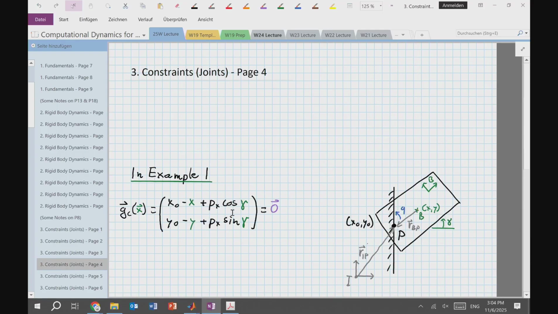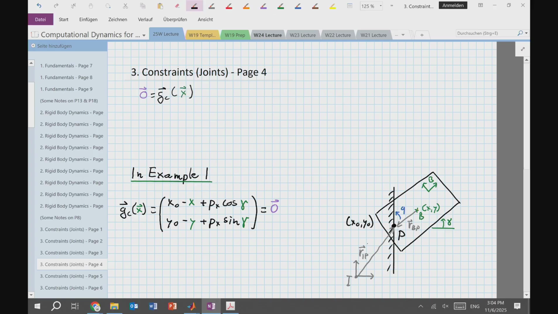What about implicit constraints? For implicit constraints, I would now start with the implicit constraint equation, 0 equals GC of x. I do the same thing, right? I take my derivative. The derivative of a 0 matrix is simply a 0 matrix. It's equal to, and now I do the same trick, the total derivative of GC of x against time.